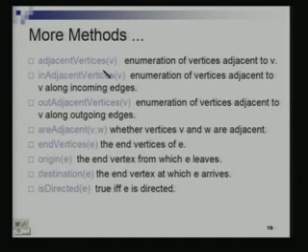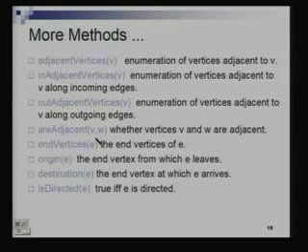Similarly, I could have adjacent vertices. Adjacent vertices would be a method which returns an iterator over all the vertices which are adjacent to this particular vertex. This would be for an undirected graph. For a directed graph, you could similarly have a notion of in adjacent and out adjacent vertices. Then you could have a method are adjacent, whether two vertices V and W are adjacent or not.